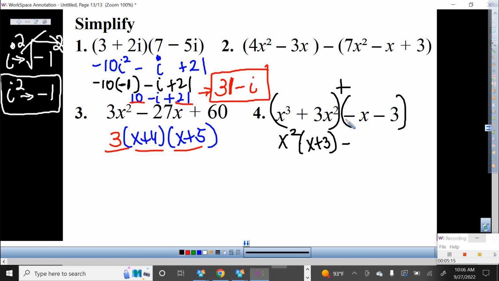What's the GCF for these two? Negative 1. We're left with x plus 3. So my factors are x squared minus 1, and then what is the other one? x plus 3.